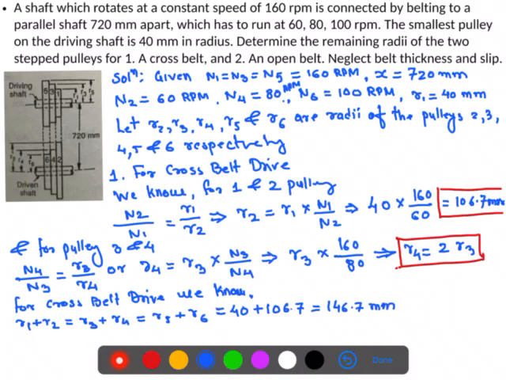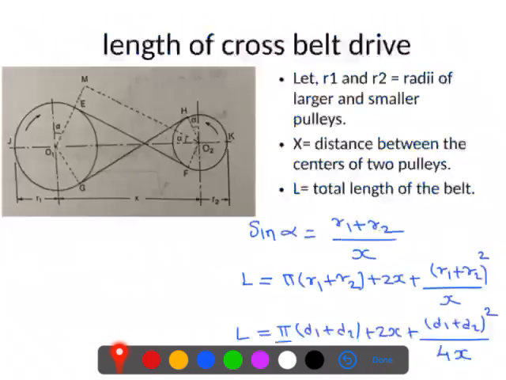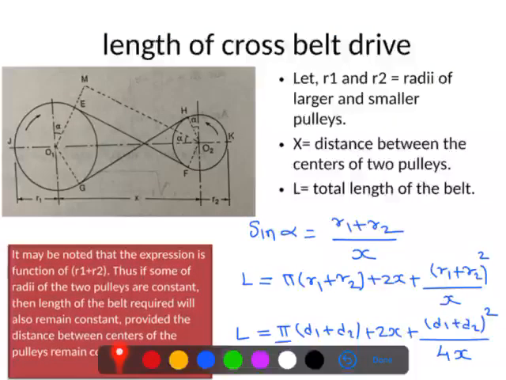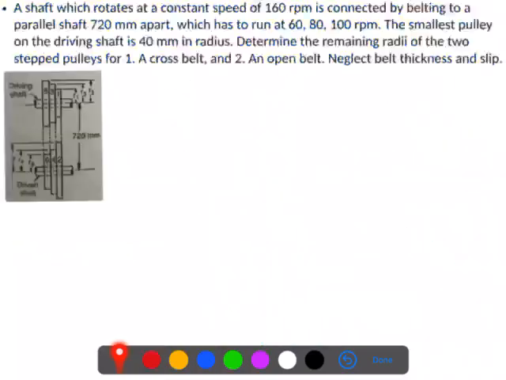How does this come? For this, we have already seen that for the cross belt drive, the length of the belt is a function of R1 plus R2, that is the summation of the radii of the two pulleys. Thus, if the sum of the radii of the two pulleys is constant, then the length of the belt required will also remain constant, provided the distance between the centers of the pulleys remains constant, and this is the case.